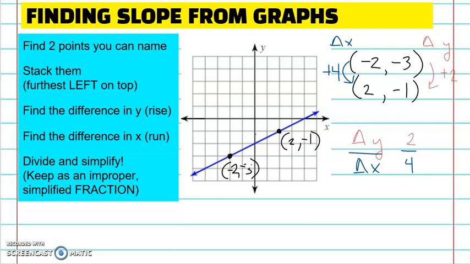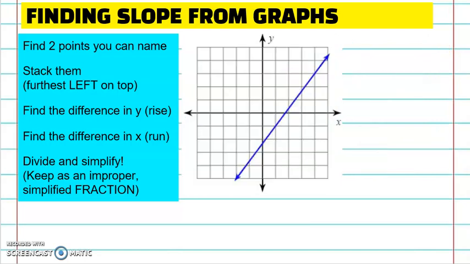And then we just simplify this to 1/2. Okay, you always want your simplest form. And guys, you could do the graph like I've been saying. And if you look, I could even see that right here. I go up 1 because there's a point right here. But it's okay because look, we found it the other way too. It doesn't matter, as long as you find 2 points and you reduce, you'll get to the same place.